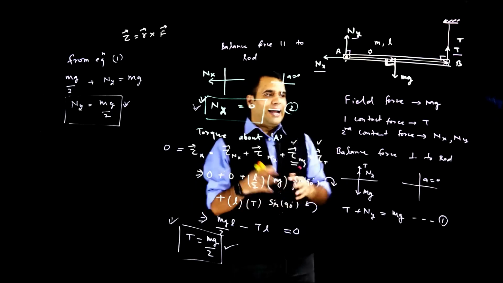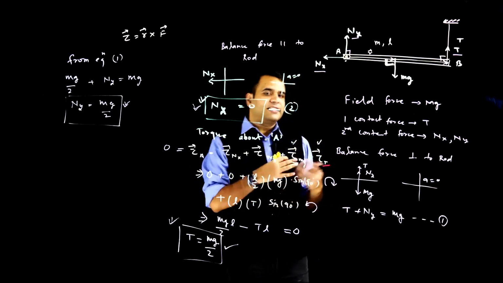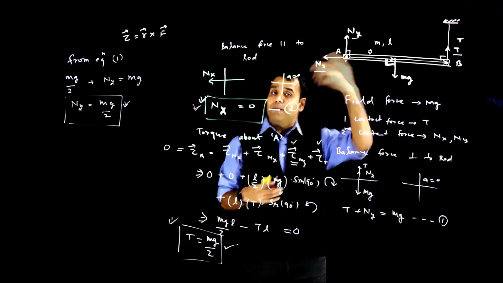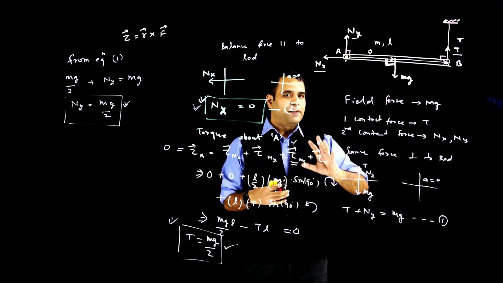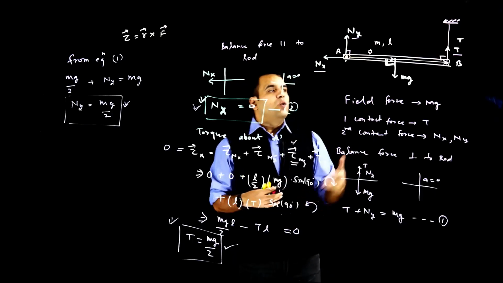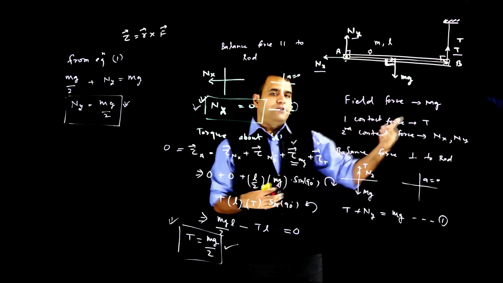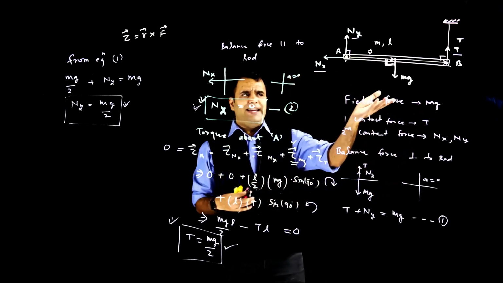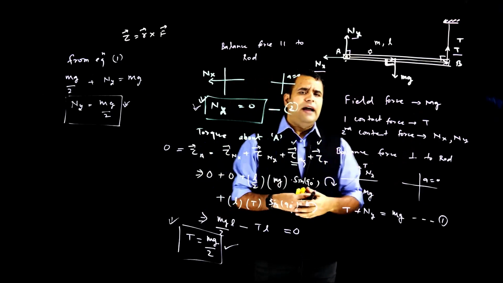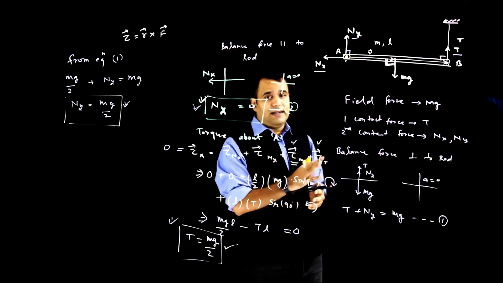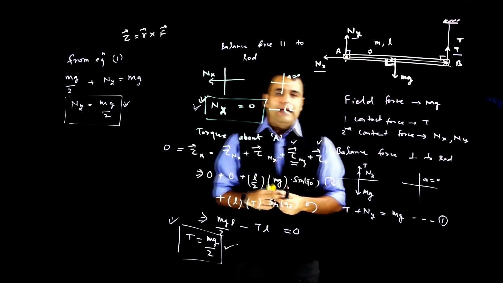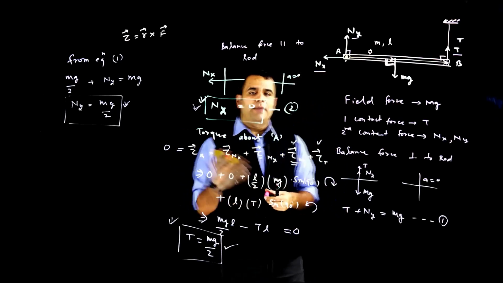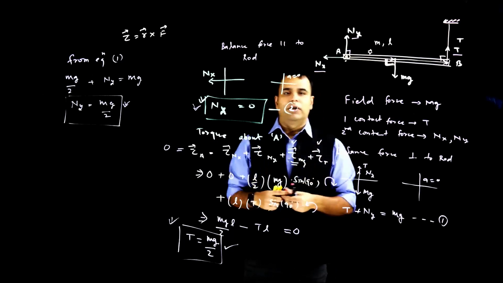So we use an extension of Newton's law: we convert the rigid body into a point mass and apply Newton's law. But that is not sufficient. Then we calculate the moment of the forces, r cross F, about any axis, and we make it 0 if the system is at rest. That gives us the other equations required, and from there we calculate whatever unknown values we want.